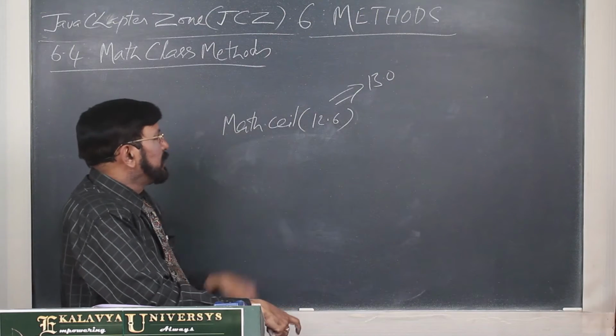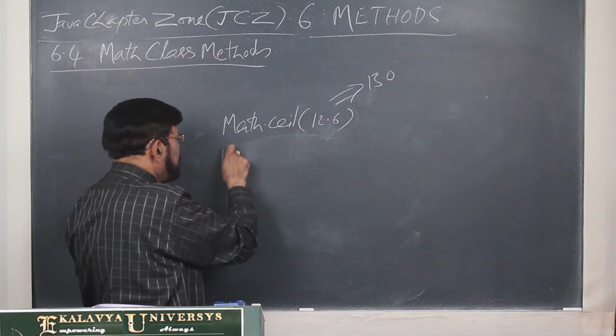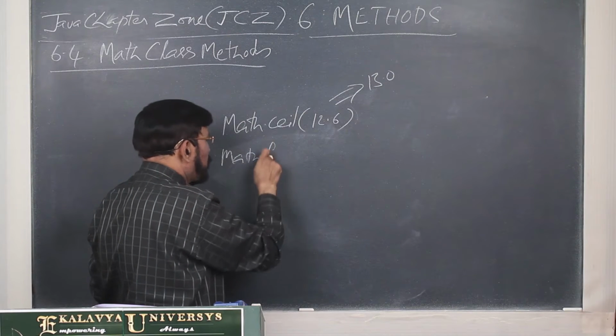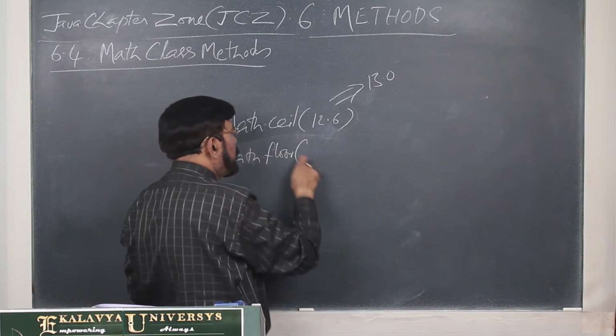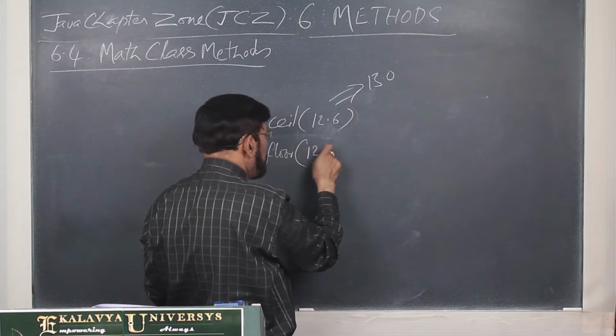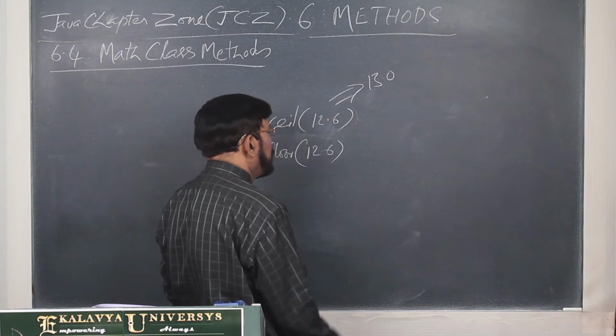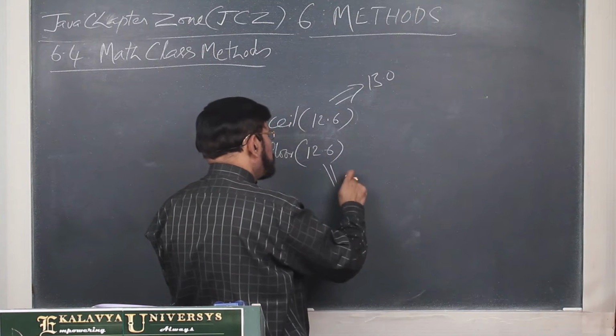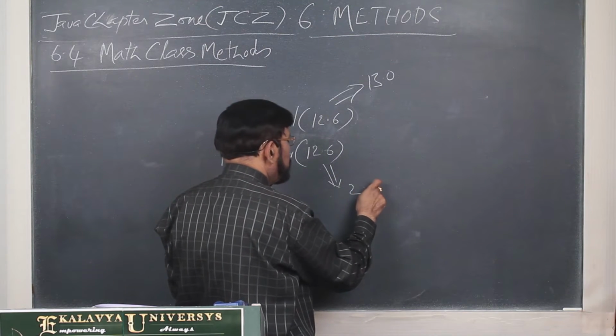That is ceiling. Next, Math.floor. Suppose the same 12.6 you have given. Then it floors down. Then what is that? Obviously you know that, 12.0.